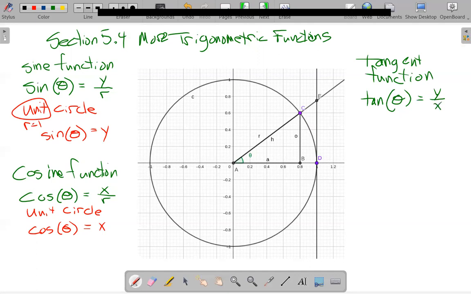And if you think about that for a second on the picture here, if I take the y value here and I divide by the x value here, what I'm getting is the slope of this line that the angle makes. So another way to think about the tangent function, the tangent converts angles to slopes, which is kind of cool.